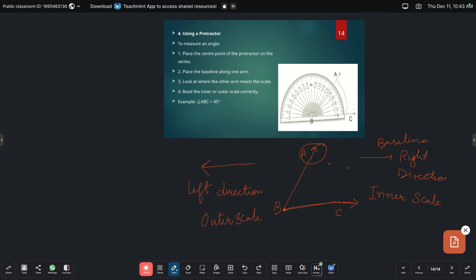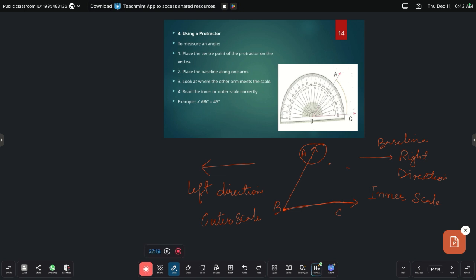Please, students, don't get confused while measuring an angle. You can see there are two readings. You will only see the direction of the baseline. If the direction of the baseline is right, you have to use the inner scale. And if the direction of the baseline is left, you have to use the outer scale.